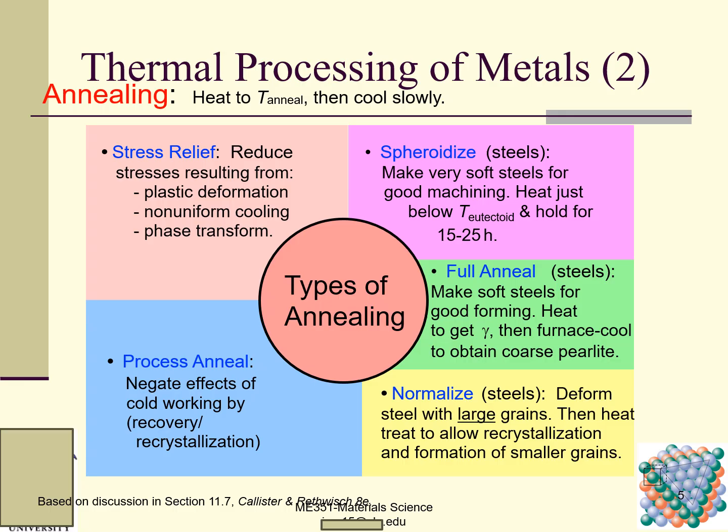The next one is full anneal, also for steel, to make soft steels for good forming. We heat to get austenite, and then furnace cool to obtain coarse pearlite. Furnace cool means that the cooling rate is very slow because it is in the furnace. So we can have coarse pearlite because the cooling rate is very low.